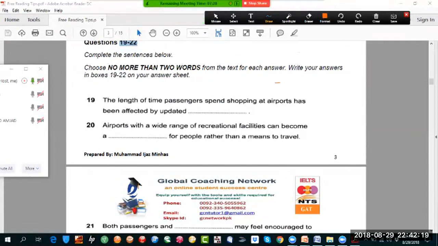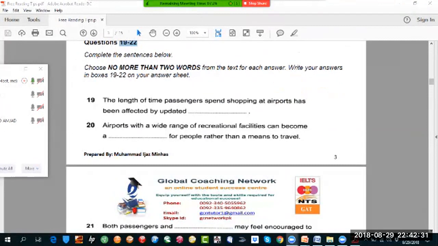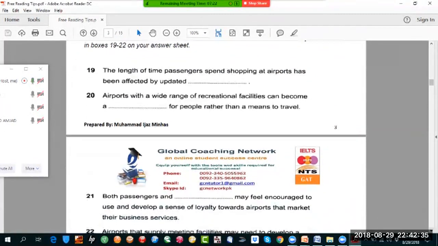So if the answer to question number 20 is not in A, it means its answer is in B or maybe C. So that automatically means that the answer to question number 21 will come even after B.